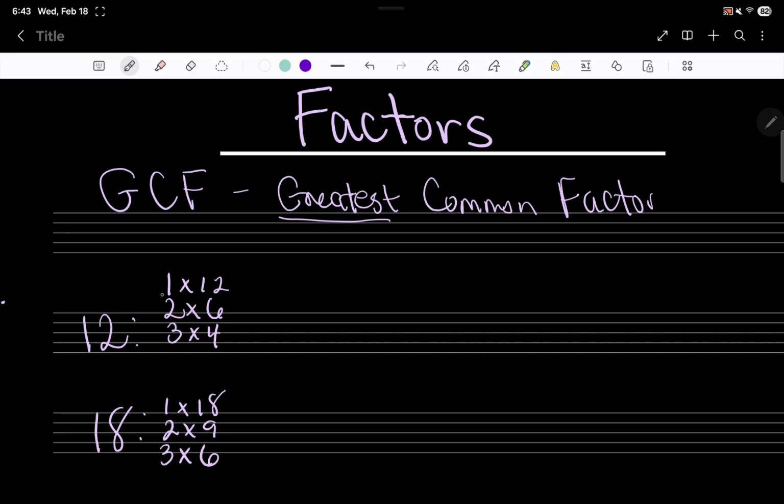Because we know what multiplies, we can transform that into a list.